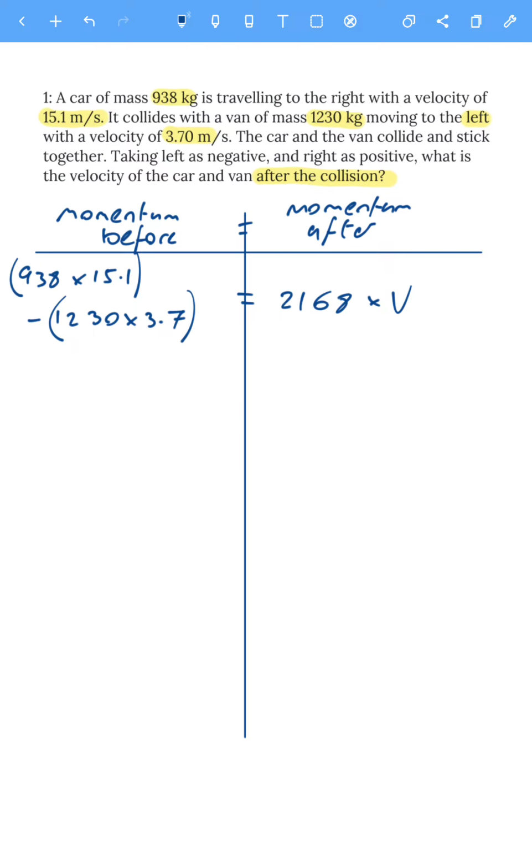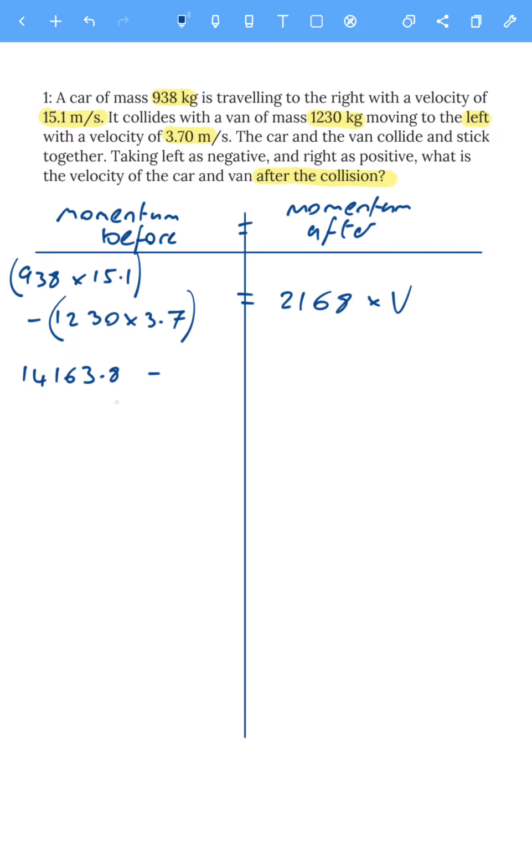So we need to do 938 times 15.1, which is 14,163.8. I'm going to say plus then, but it's minus the 1,230 times 3.7.